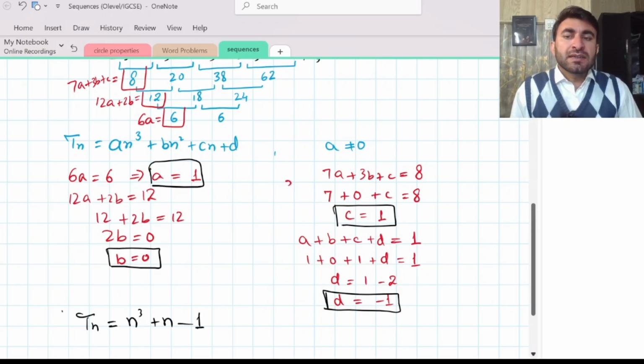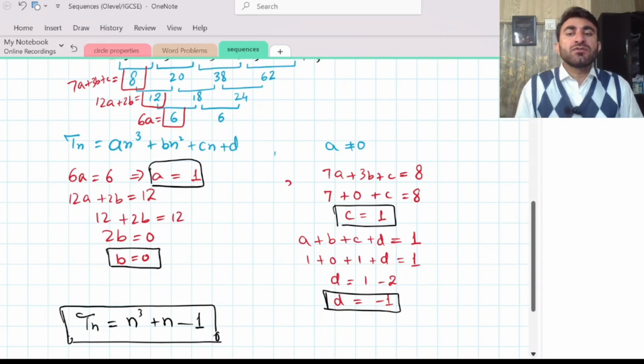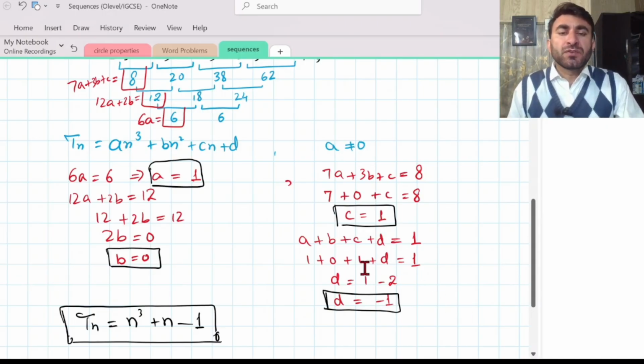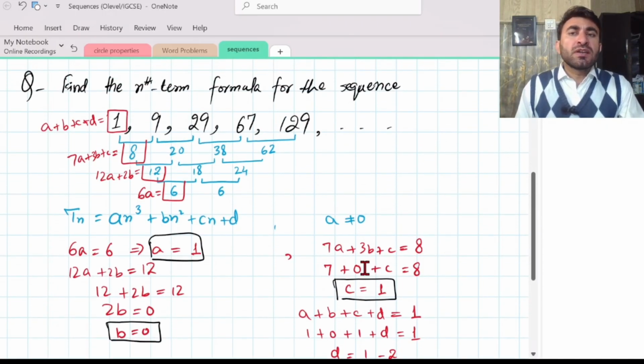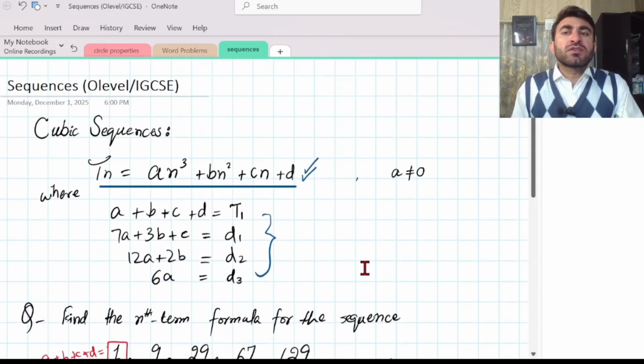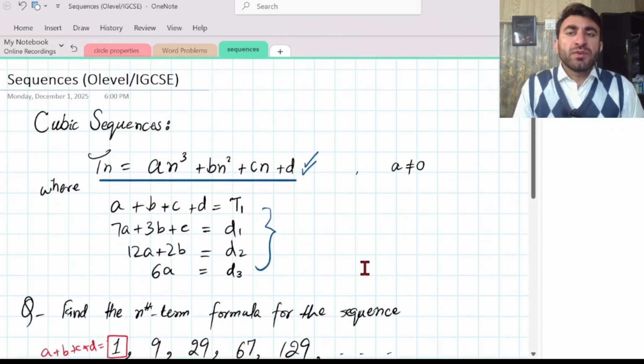So that is the nth term formula for the given sequence, and we can see that it is the same formula we derived using the first formula in the previous video. So these are the two formulas we use to figure out the nth term of cubic sequences.